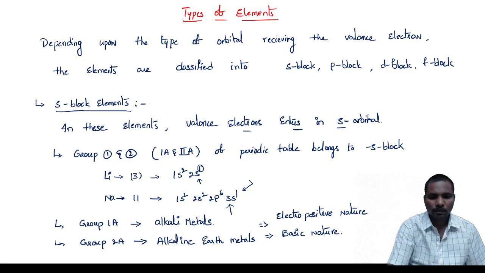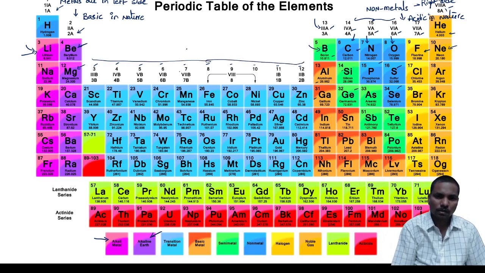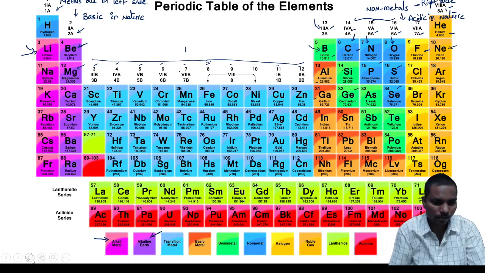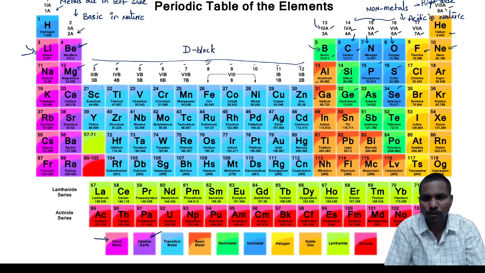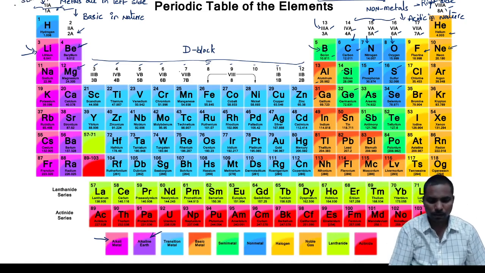So what are these? Group 3 to 12: 3, 4, 5, 6, 7, 8, 9, 10, 11, 12. These are D block elements. From this one to this one is P block. These two are S block.